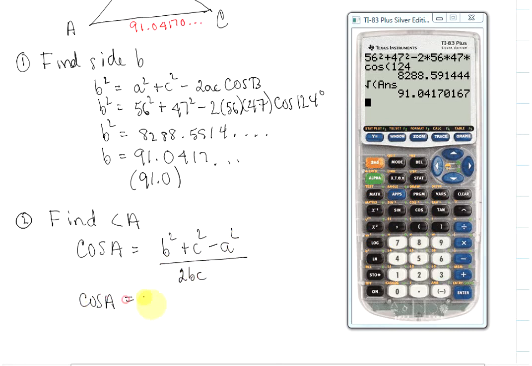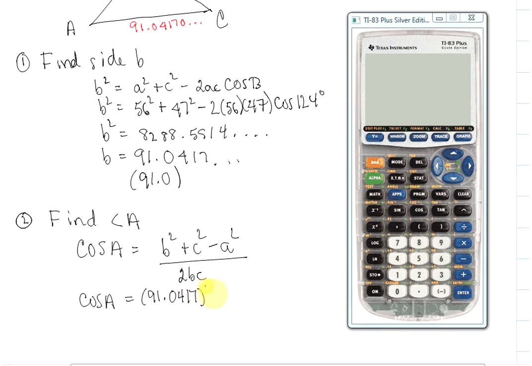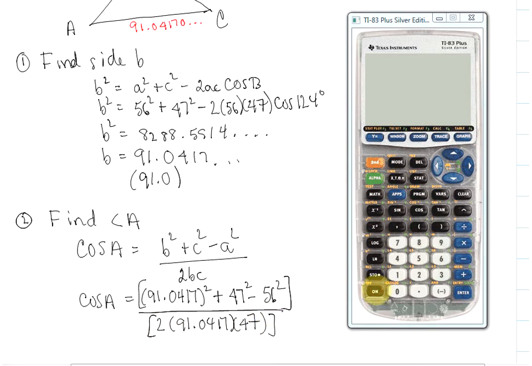So cos of A is equal to b squared, using my form of side b that has lots of decimal places, plus c squared, which is 47 squared, minus a squared, which is 56 squared, and all of that over 2 times 91.0417 times 47. When I put this into my calculator, I'm going to make sure that the numerator is in a bracket and the denominator is in a bracket.